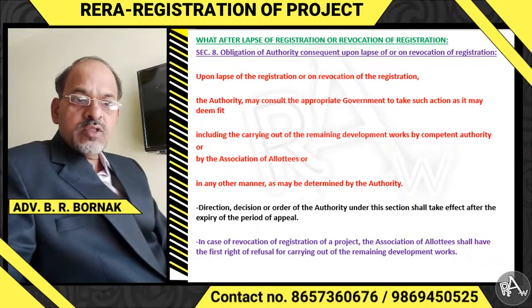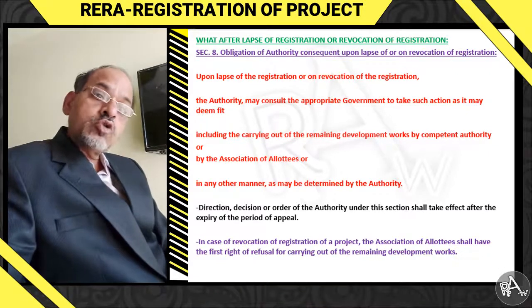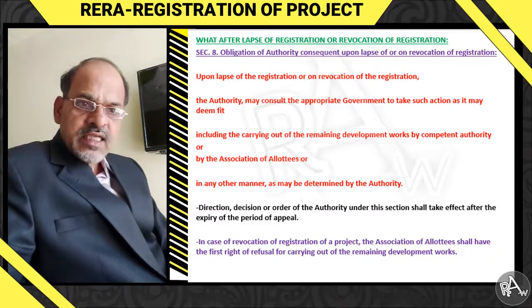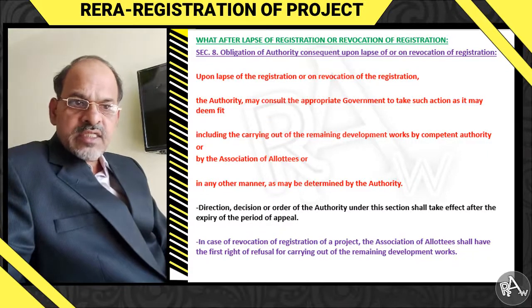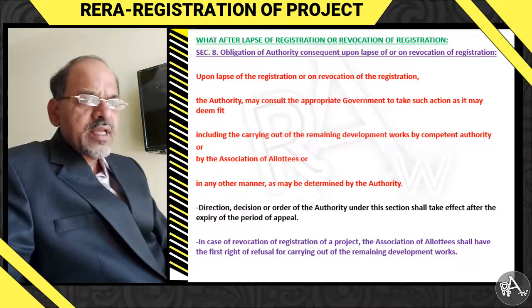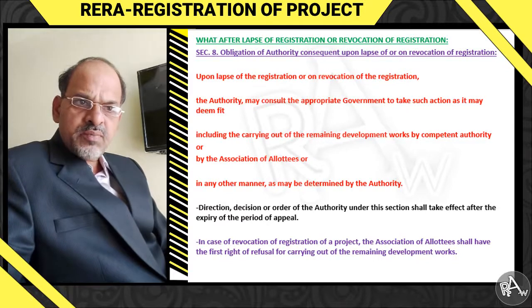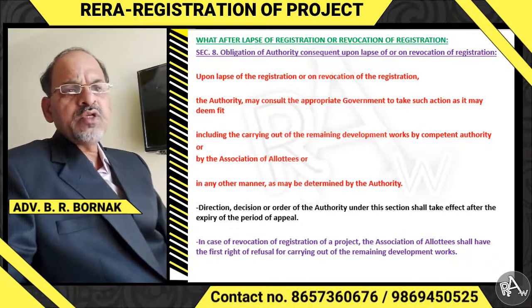Means the allottees who have purchased the flats, their association is formed, and through that association the remaining work can be carried out, because funds are there in the earmarked bank account, which is frozen. Now it can be defrozen, and the association is given permission to carry out the remaining work, because all required development permissions are there, and payment is also there initially to be used.